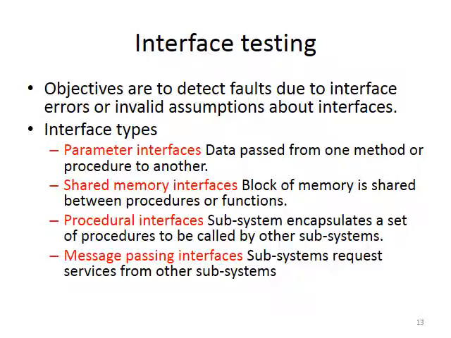Second one is the shared memory interface, where a block of memory is shared between procedures or functions. Many times, during these interface interactions, many objects or classes or methods share a common location or a common memory part. For example, global memory. They may be sharing one global variable.